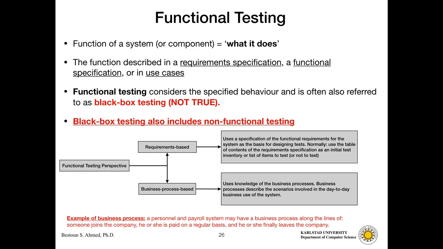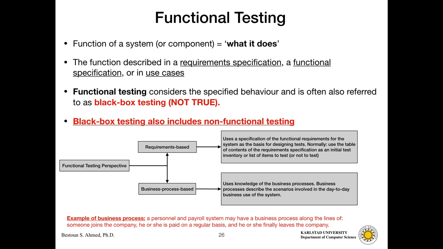Now, for example, the functional testing of the software is a type of testing. It's very important testing. It deals with what the software must do, the function of the software. You have to test the function of the software.